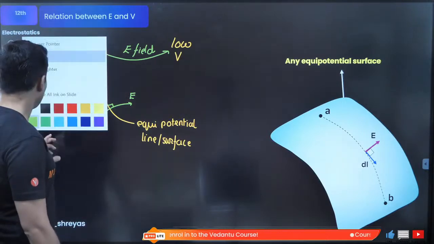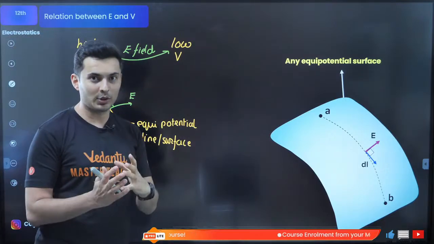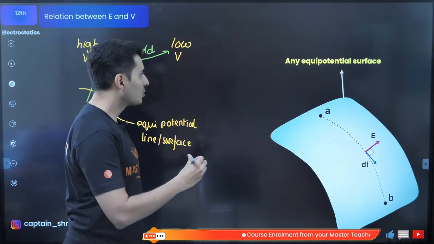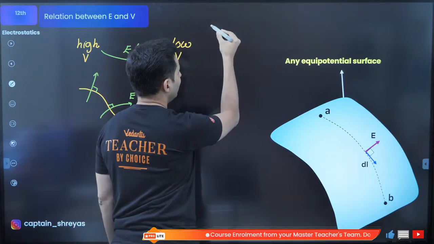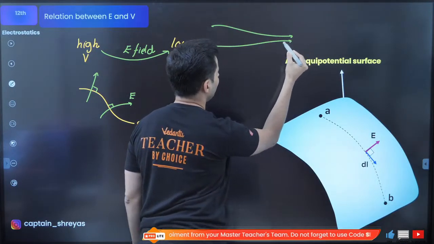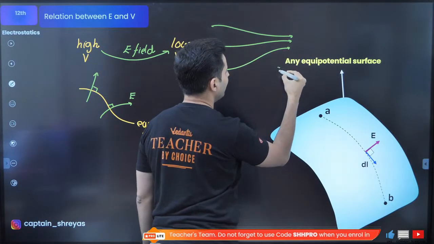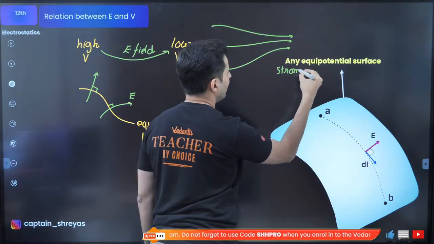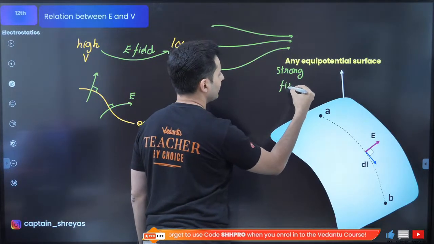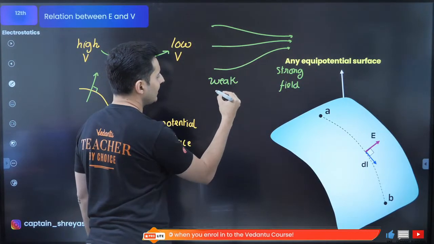Now there is another interesting thing which happens with respect to field and potential. Let me show that to you. So let's say, for example, the field lines converge, something like this example. Okay, the field lines converge. Here I will say that the field is strong. So this is an area where the strong field is there. And I will say here there is obviously weak field.